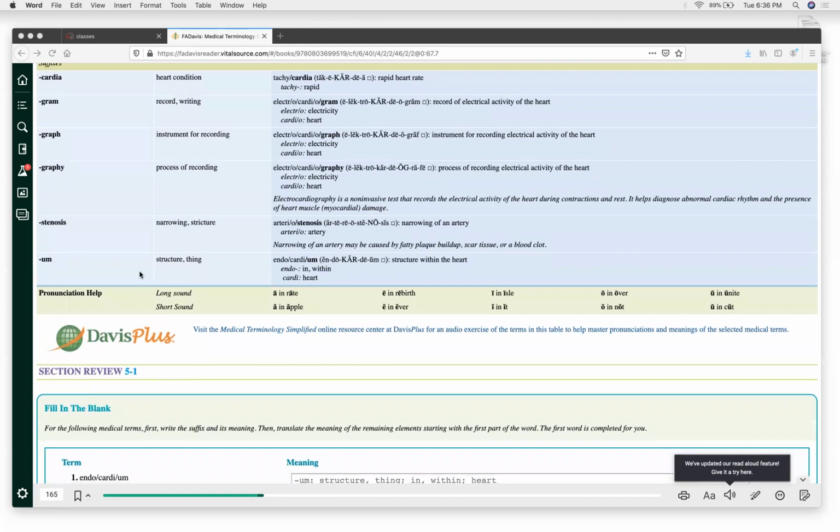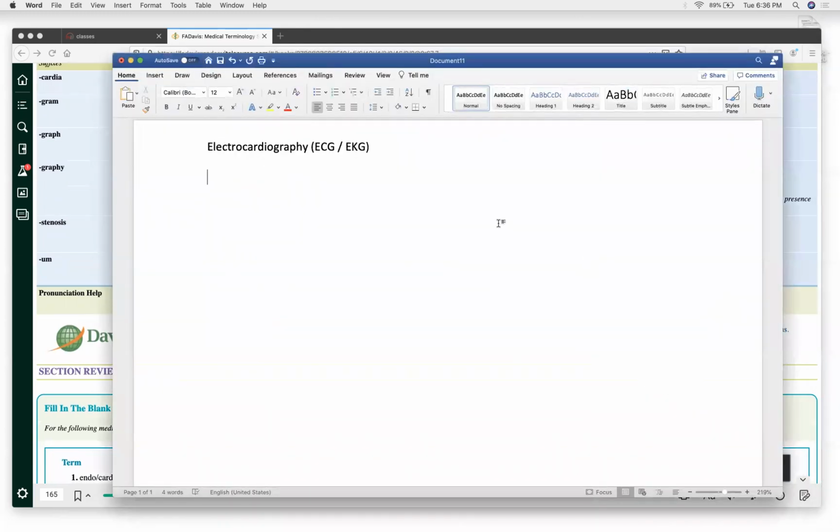Last but not least, let's go through the layers of the heart. So you have your pericardium. You also have your myocardium. You also have your endocardium. Ium is a suffix that means structure of.